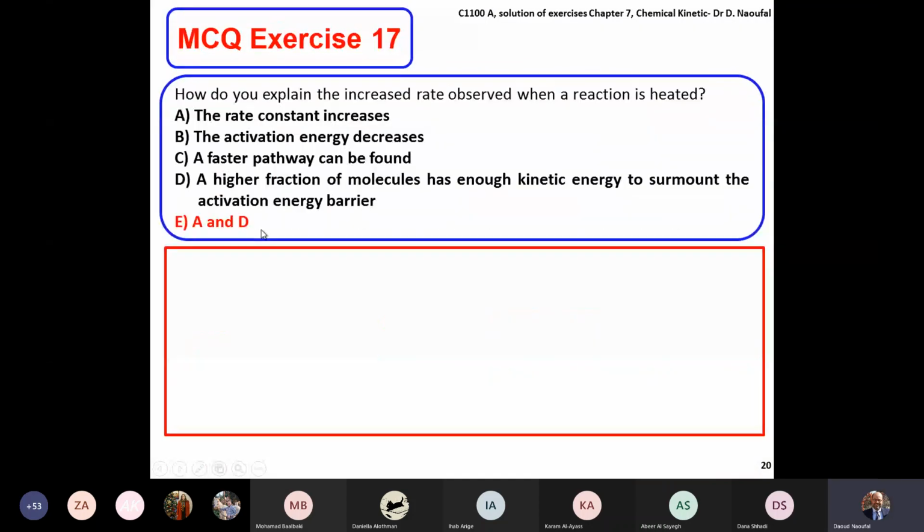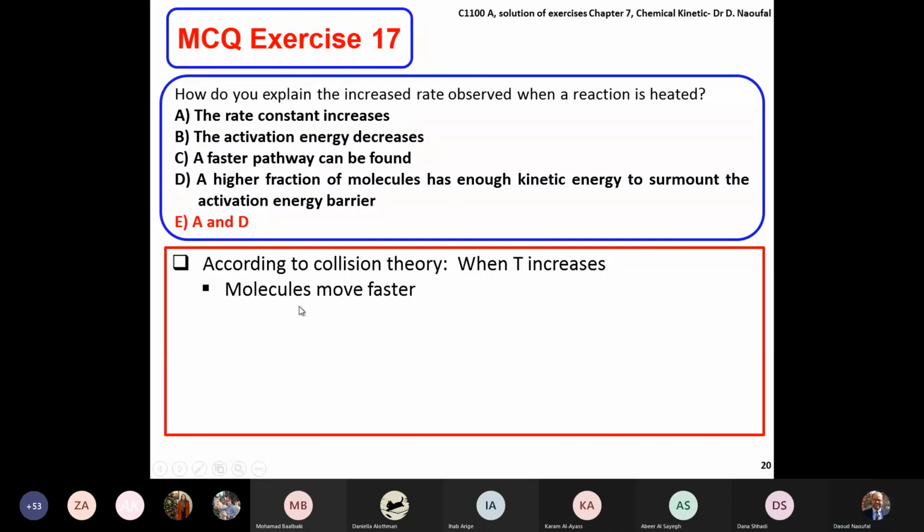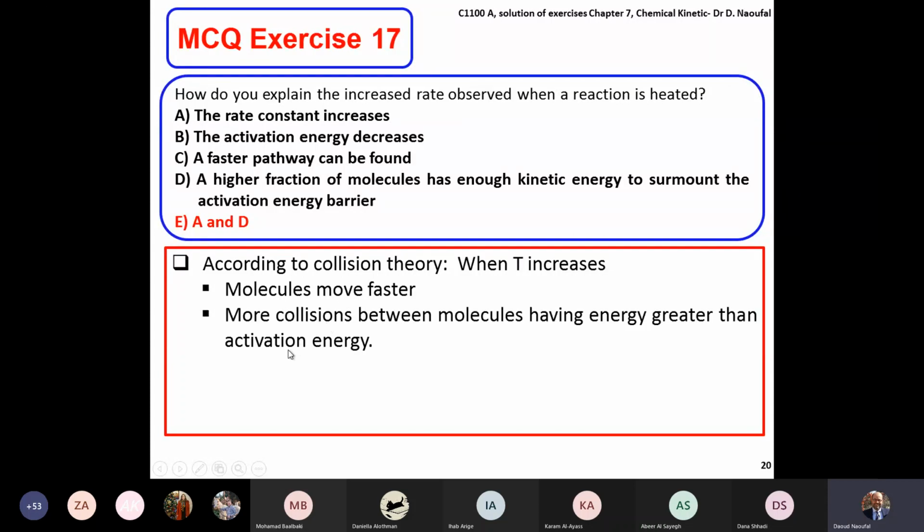Exercise 17. How do you explain the increased rate observed when a reaction is heated? This is the collision theory. According to the collision theory, when the temperature increases, the molecules or particles absorb energy as kinetic energy, so the molecules move faster.